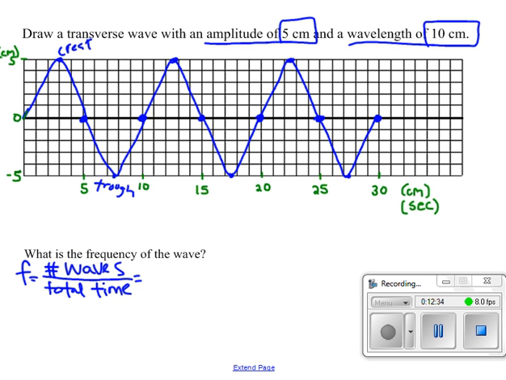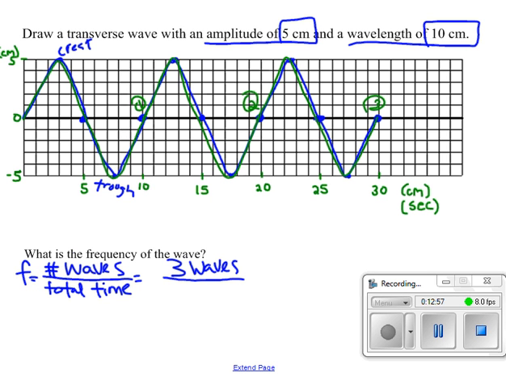I'm going to start here. Remember, a wave has a crest and a trough. So that's one wave. That's two waves. And that's three waves. So I have a total of 3 waves.